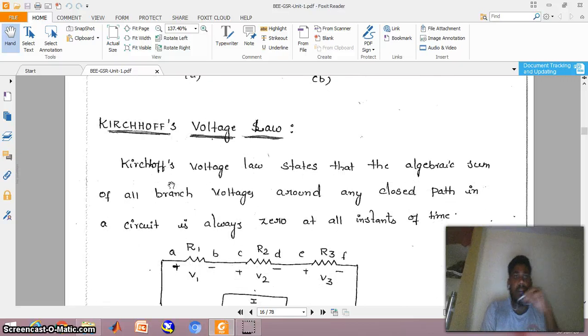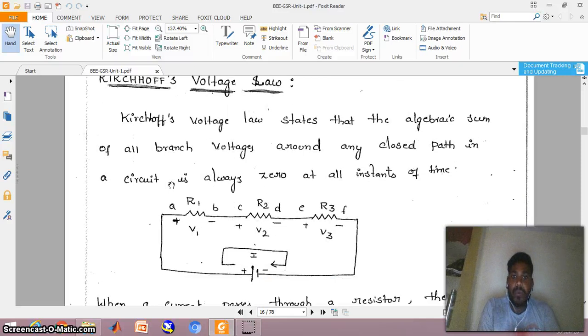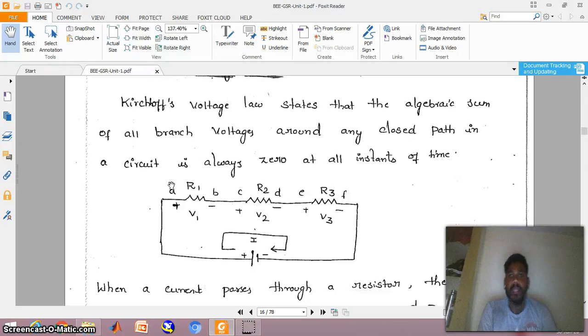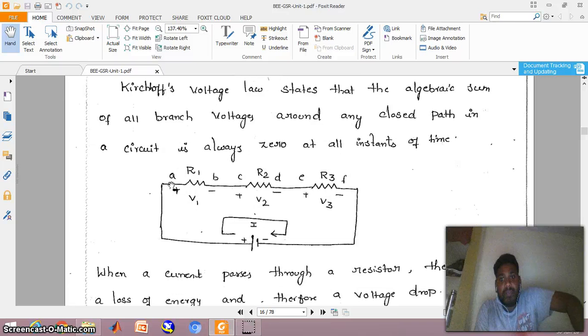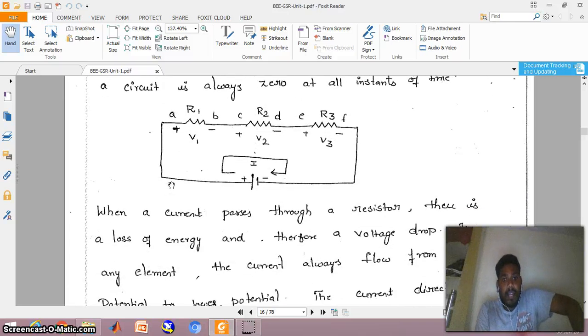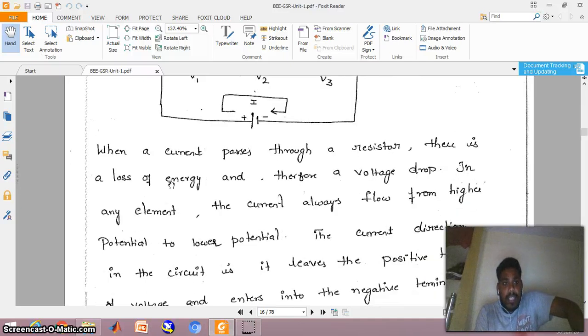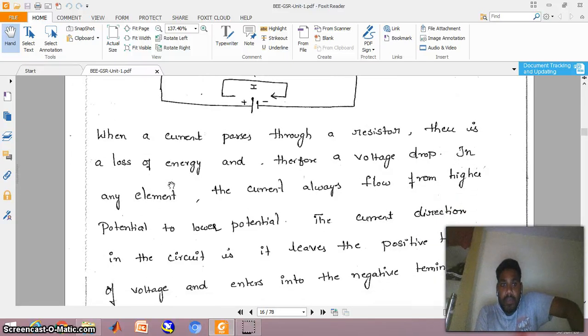Kirchhoff's voltage law. Kirchhoff's voltage law states that the algebraic sum of all the branch voltages around any closed path in a circuit is always zero at all instants of time. When a current passes through a resistor, there is a loss of energy and therefore a voltage drop in any element.